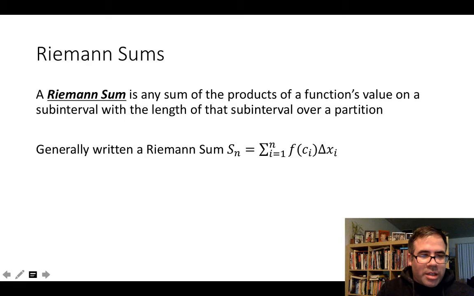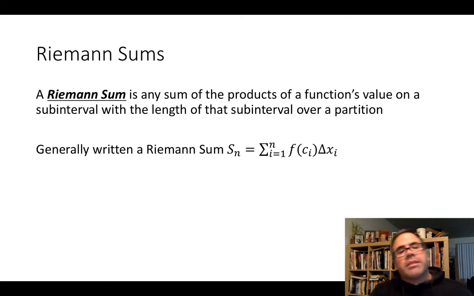Everything that we're talking about here has a particular name, and it's called a Riemann sum. It's kind of hard to explain what this means. I'll show it better with an example here. A Riemann sum is any sum of the products of a function's value on a subinterval with the length of that subinterval over a partition. You could write this down.